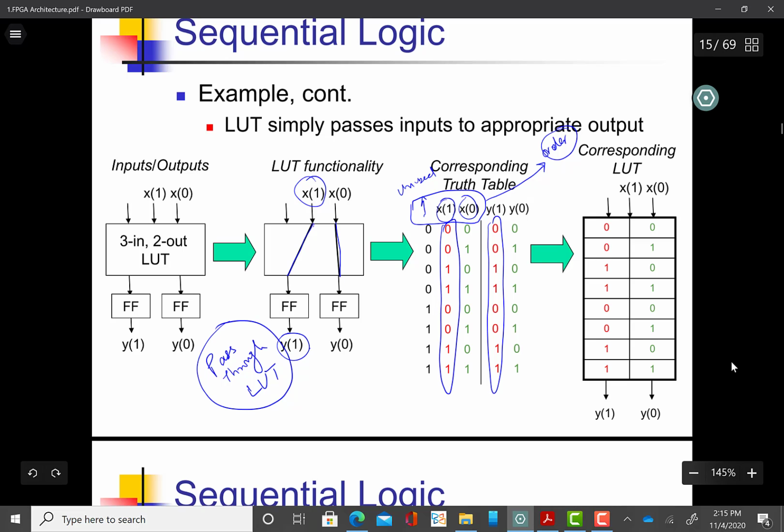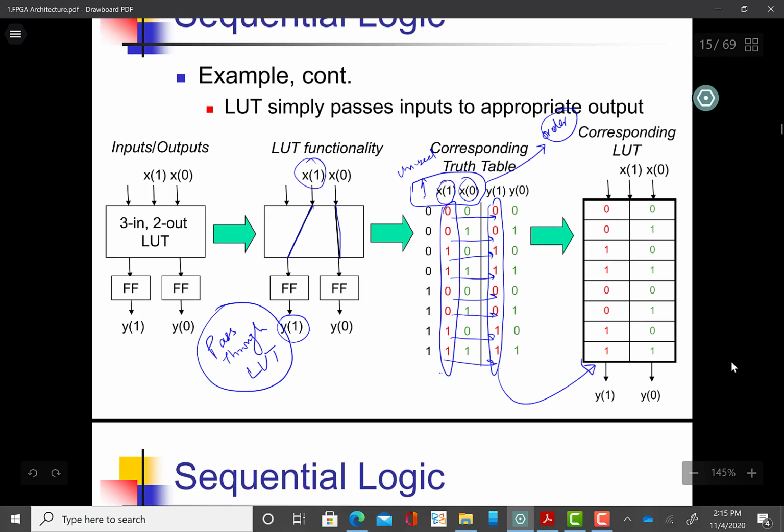Whenever x1 is 0, you see y1 is 0, 0, 0, 1, 1. Same goes for y0. So we just need to put these values in our 3x2 lookup table, and our LUT will be configured in a pass-through mode.